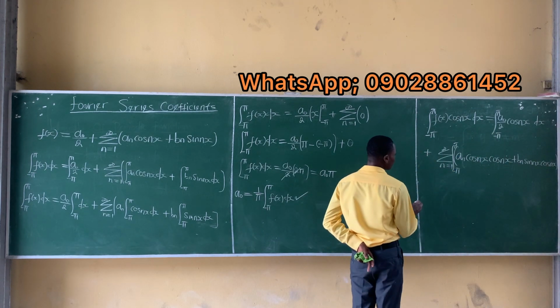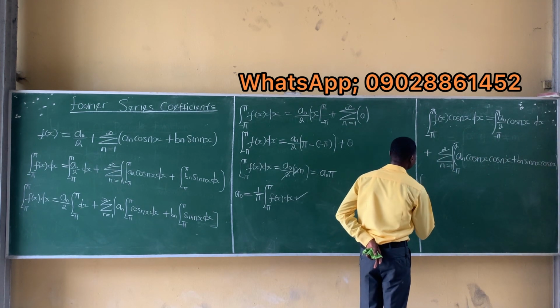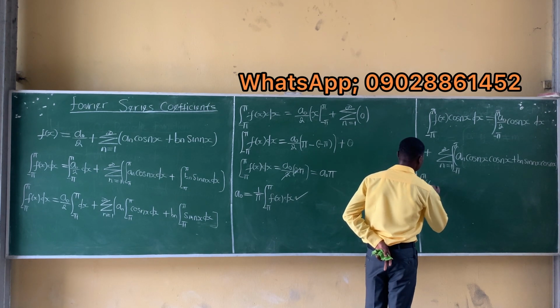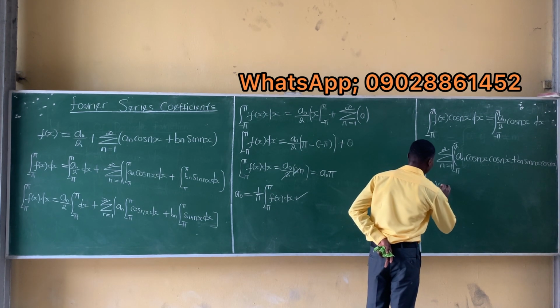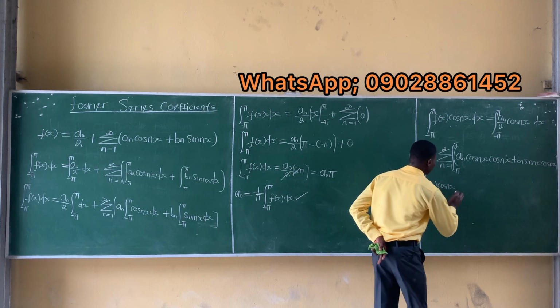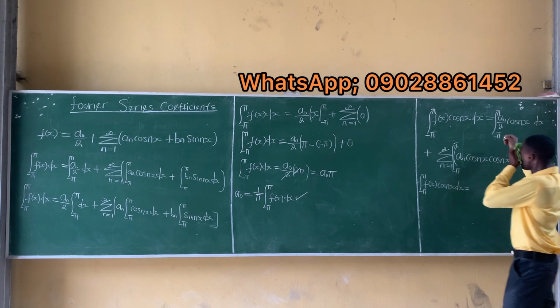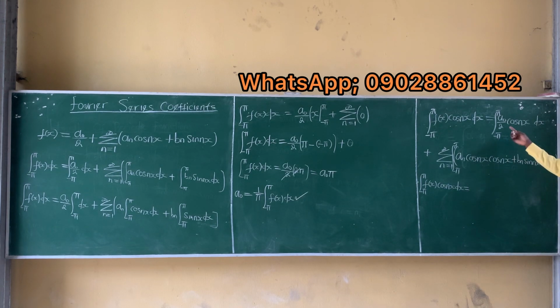So it means that we are going to have the integral from minus pi to pi of f of x cos nx dx, and this is equal to, now observe carefully again. A naught over 2 is a constant. If we bring a naught over 2 out and integrate cos nx from minus pi to pi, we get 0.